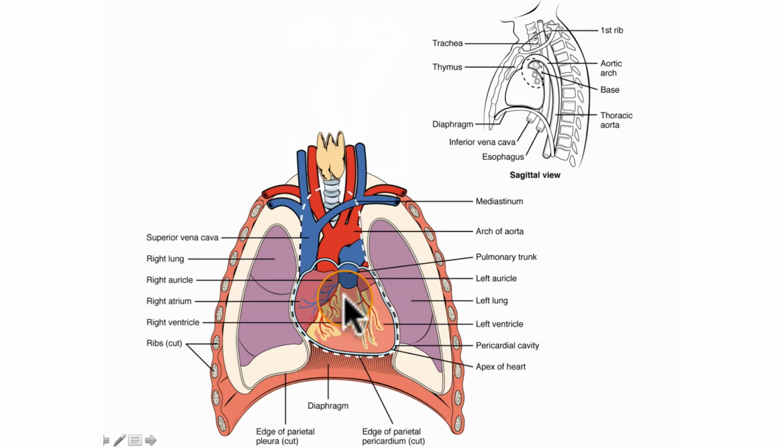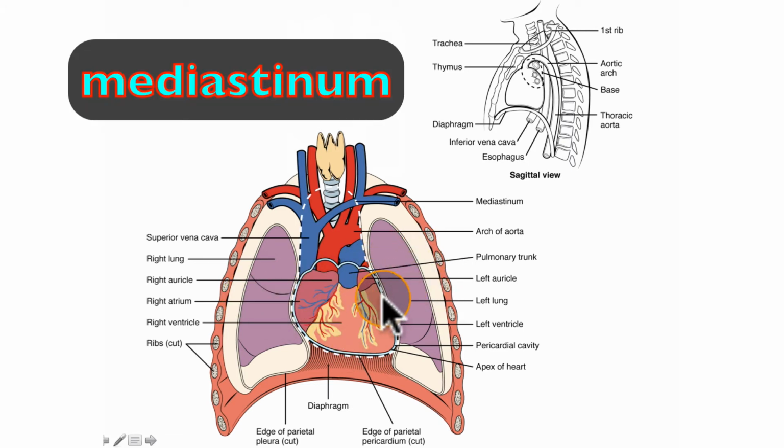So the heart resides in a region between the right and left lungs known as the mediastinum, and we can see all these great vessels once again coming off or entering the heart. If we look at this image up here, here's the heart, and we can see the aorta. This is the aortic arch, and then it begins to descend down into the abdominal cavity.